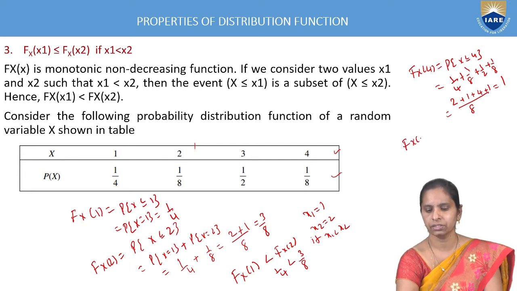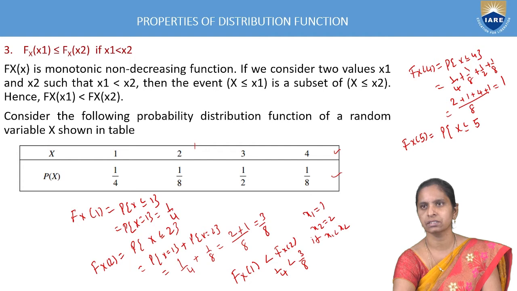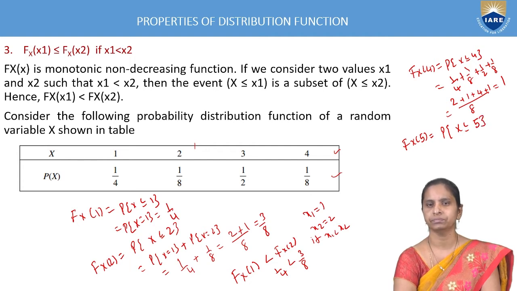Let us calculate F(5). So what is F(5)? That is nothing but P(X ≤ 5). I have to add the probabilities up to 5. Up to 5 you have only up to 4.